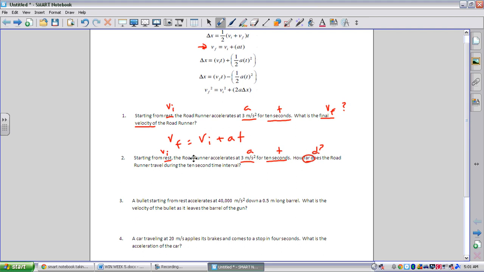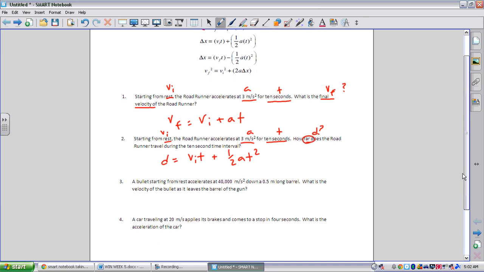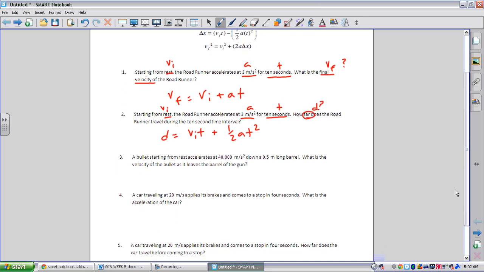We do not have final velocity. So the only choice that we can go with is right here, this third equation. So it's going to be distance equals your initial velocity times time plus 1/2 acceleration times time squared. That should give you the distance that this Roadrunner traveled.